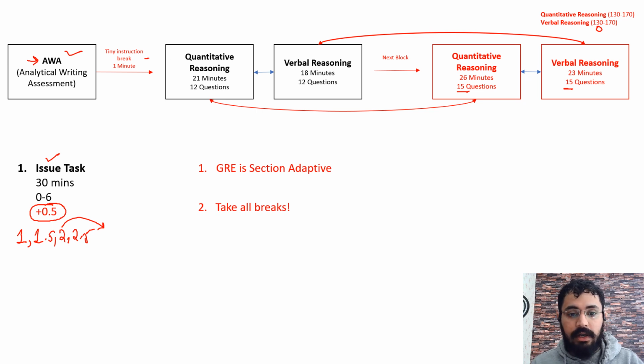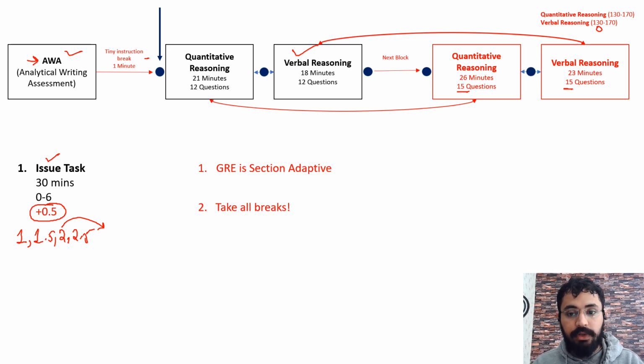Cannot emphasize it enough. Take all breaks. Do that deep belly breathing thing that I told you about earlier. You would have a break after the essay section. You would have a break between the two sections in the first block. You would have a break once you're done with the second section of the first block, right?